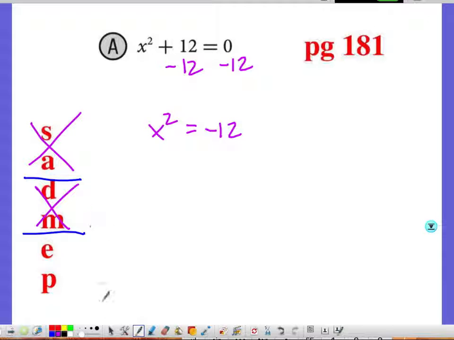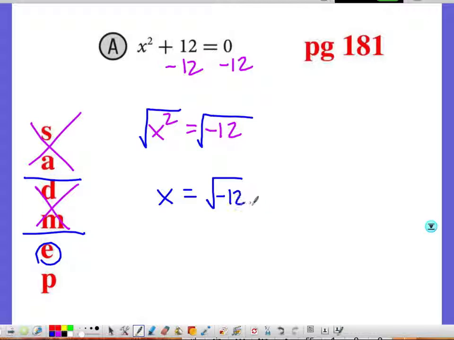I don't have any multiplication or division, but I do have a squared. The opposite of squaring something is to take the square root of both sides. The square root of x squared is x, and here I have the square root of negative 12. Now, remember, what I can do is separate that negative 1, and then I have positive 12.